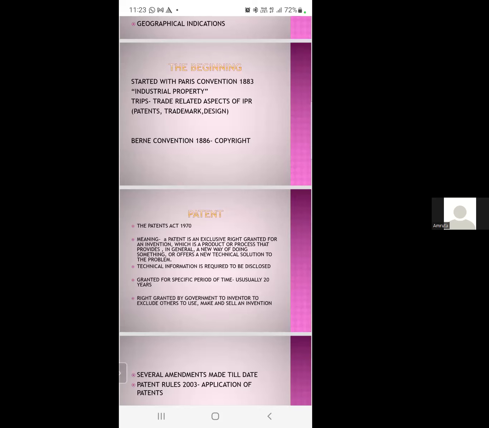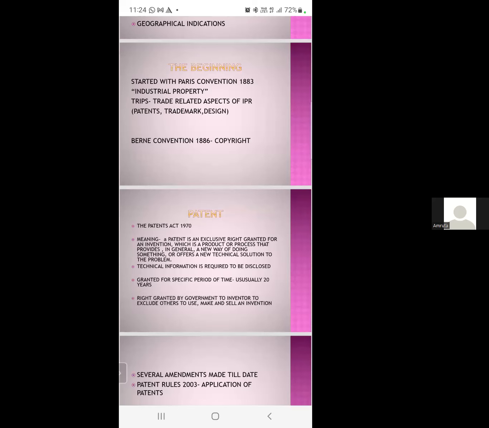However, it was very inadequate. It was not giving any protection to any industrial design or industrial product or process. So there was a need to repeal that law and pass another bill for patents. In 1970, the bill was passed in Parliament, and the act was enacted.